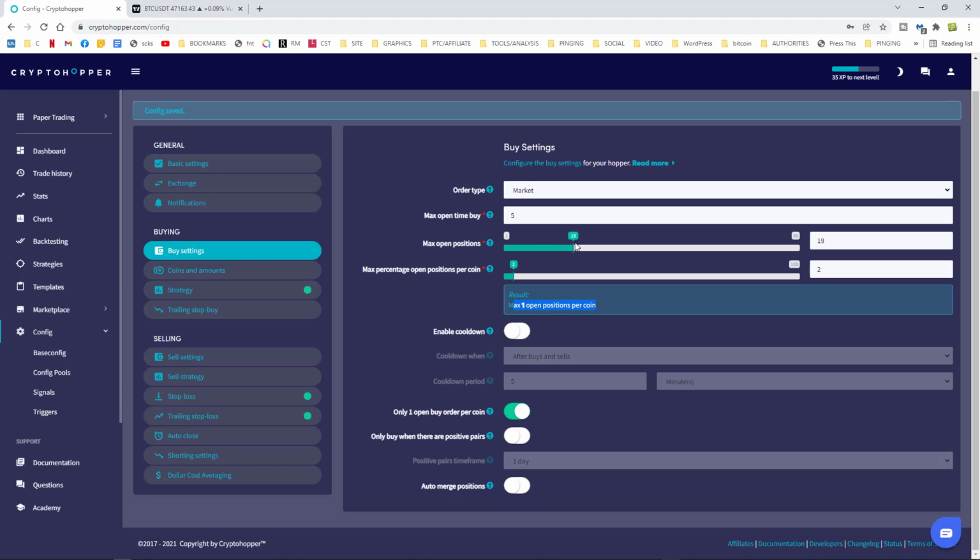If you went to say 80, that would be just going crazy and you're setting yourself up for bags, really. I've done it before. I still make the mistake of opening too many positions these days. Alright, so I recommend if starting out 5 positions is enough.